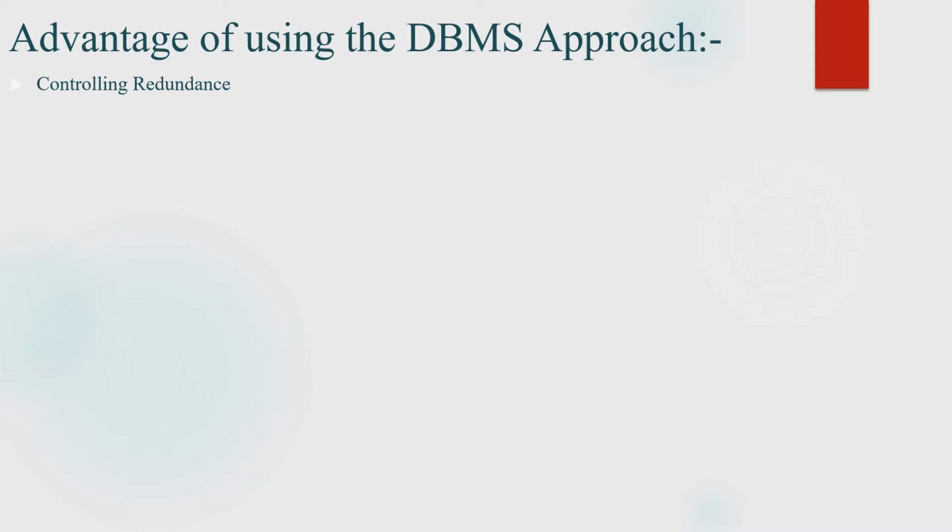So controlling redundancy means removing duplication. How does it remove duplication? By providing a logical meaning to your file, data or record, by cross-checking the data, and by checking for uniqueness in your data. By that, it reduces database redundancy.